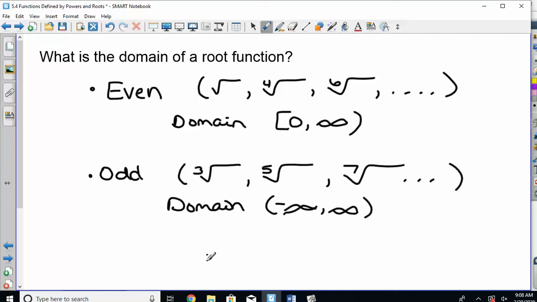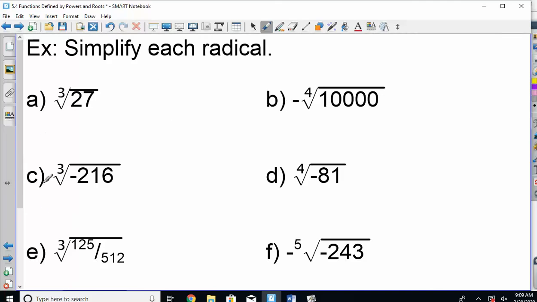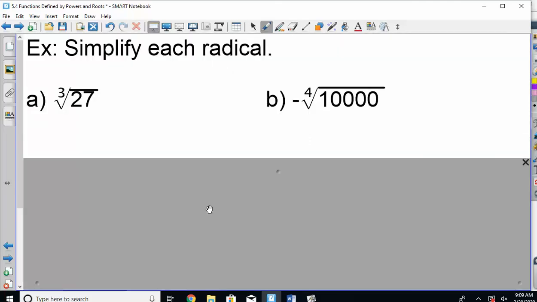All right. I would like to just start simplifying a few radicals, working through those, making sure we understand what these mean. Okay, the cube root of 27 just means what to the 3rd power equals 27?